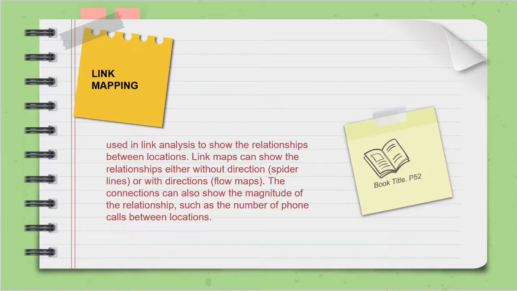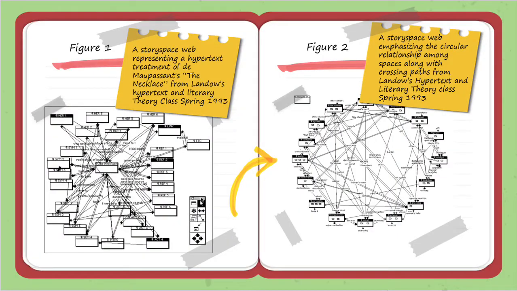The Xerox NoteCards system could generate a binary tree graph to show links emanating from any root. As we can see in figure number 1, it showed a story space web representing a hypertext treatment of de Maupassant's The Necklace from Landow's Hypertext and Literary Theory class, spring 1993.